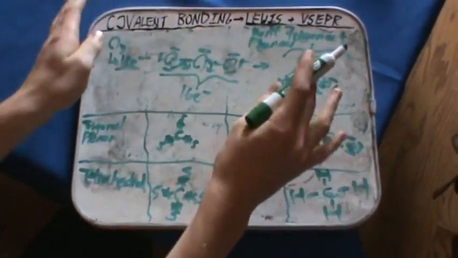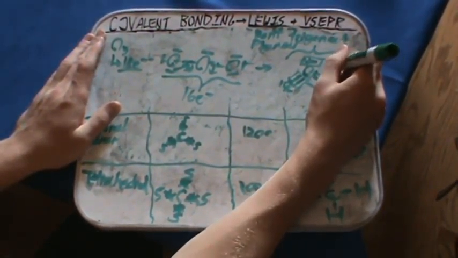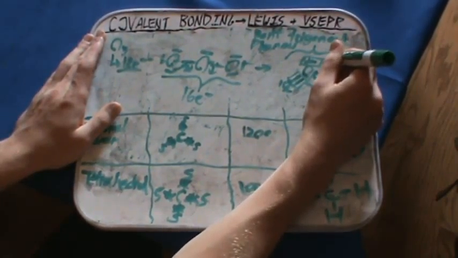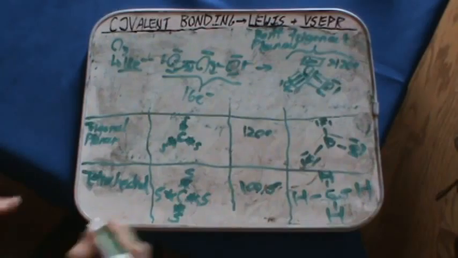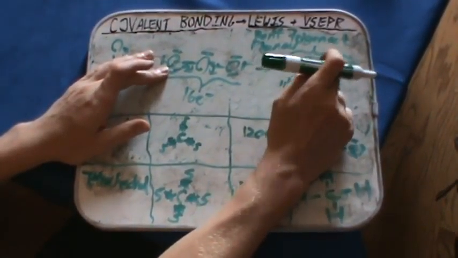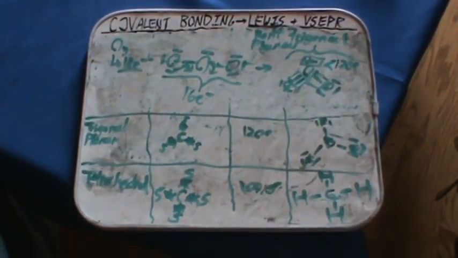The regular structure has been bent inwards, and that's why it has a bond angle of less than 120 degrees. Oh, hold on. No, the other, I believe it's this, is less than 120 degrees. Good. All right, good job.